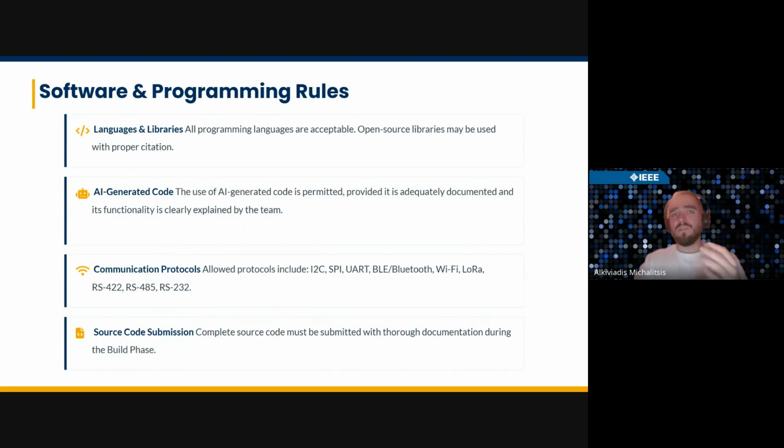And now regarding the software and programming rules that we have set, every language is allowed. Regarding libraries, you can use open source libraries, but we will need proper citation and documentation so that we can present them to the judges who will evaluate you and know exactly what you're implementing in your software.